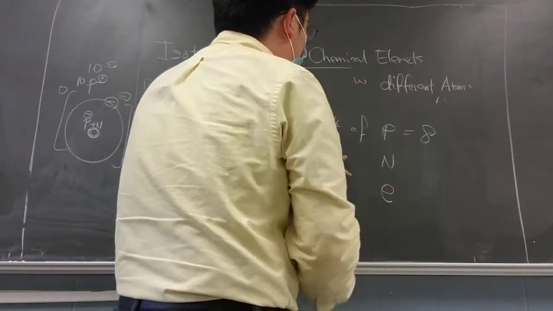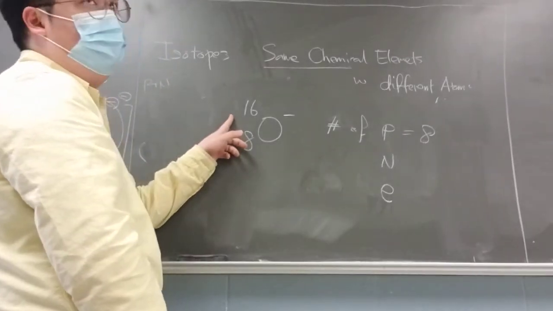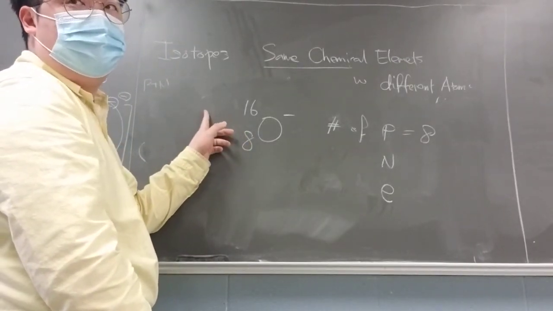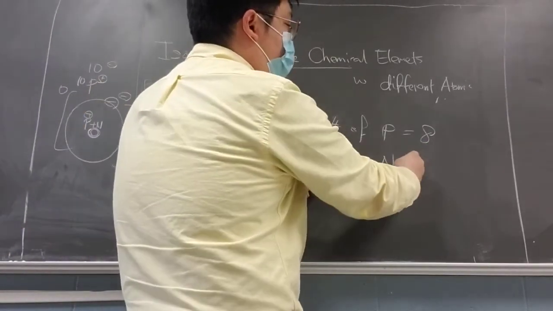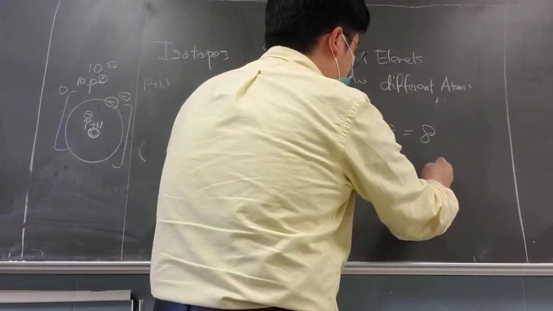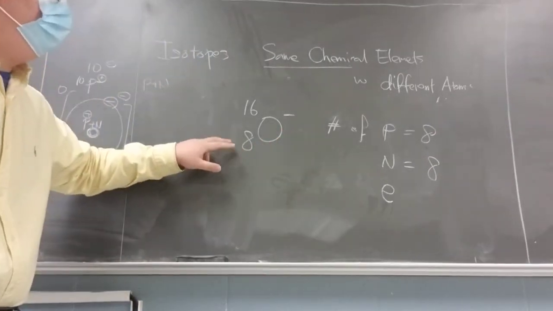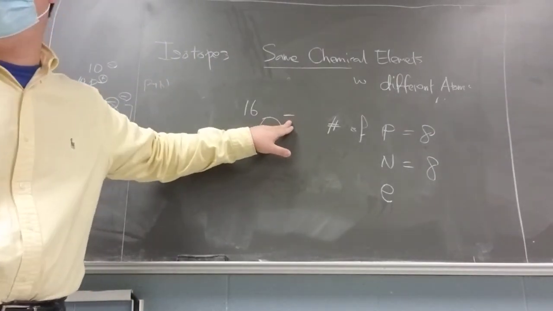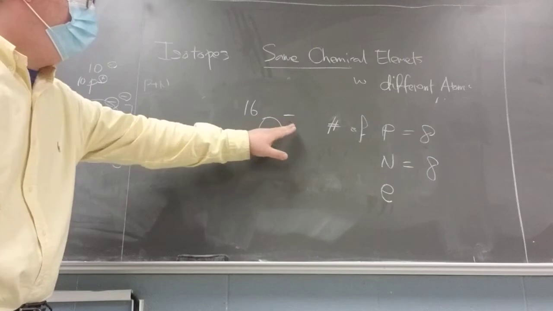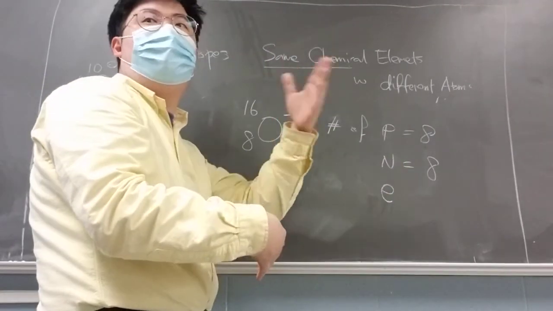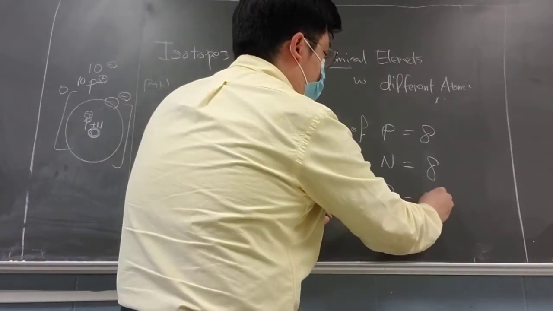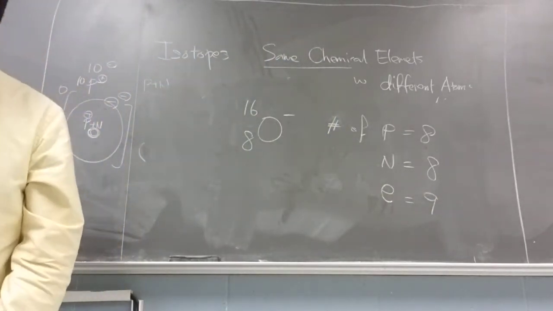But the atomic mass number is what? The number of protons plus the number of neutrons. So 16 minus 8 will be 8. Perfect. It has 8 protons, but it has a 1 negative charge. So should the number of electrons be bigger or smaller than the number of protons? Bigger. So it will be 9. Perfect. That's all you need to know.